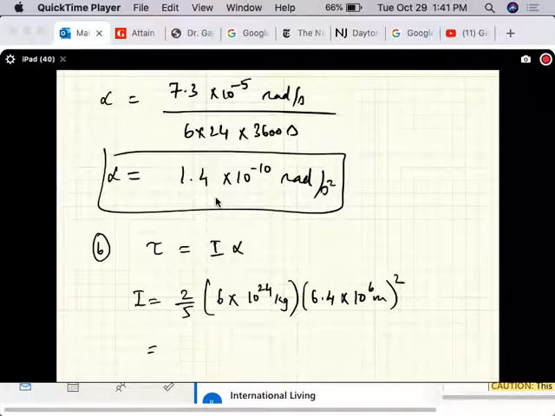Let's take the powers of 10: that's 12 plus 24, 36.